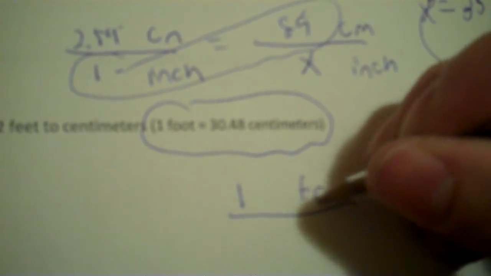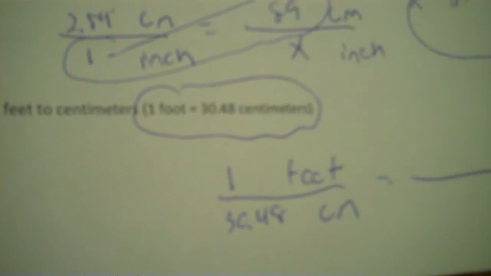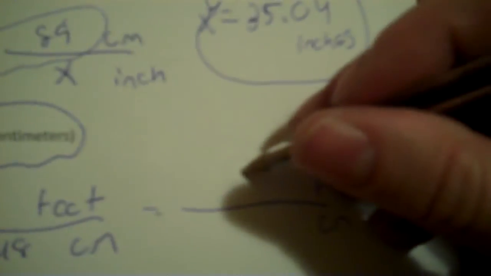Okay. Convert 2 feet to centimeters. There's 1 foot to 30.48 centimeters, and this is the last problem in the video. So you put your rate, 1 foot, 30.48 centimeters, and then feet, centimeters. So we have 2 feet and x centimeters.